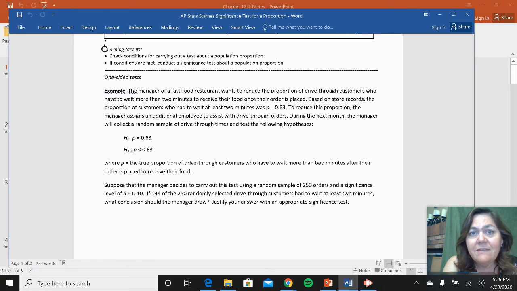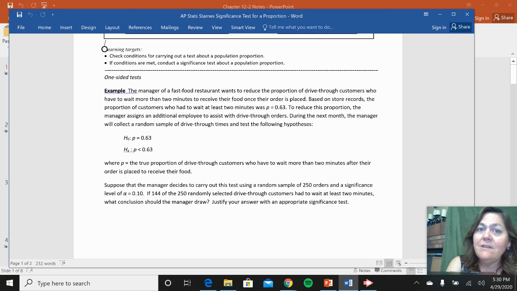It asks you to justify this with a significance test. So you're going to do state, plan, do, conclude, sketch. Also, I want you to tell me what is the probability of a type 1 error in this situation. The back of this worksheet asks you to calculate the probability of type 1 and type 2.